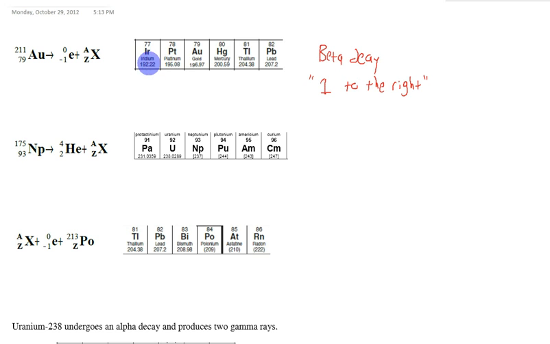Meaning that if iridium underwent beta decay, you'd go 1 to the right to find platinum. If platinum undergoes beta decay, you go 1 to the right to find gold.